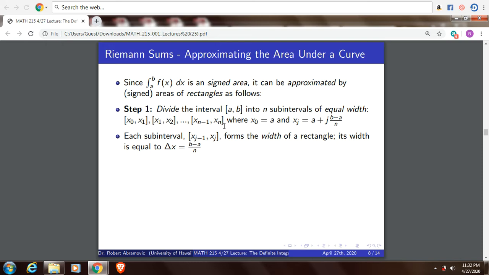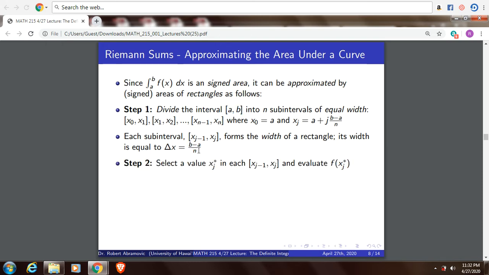Each subinterval forms the width of a rectangle. Its width is delta x, which is b minus a over n. Remember, these have equal width. The interval from a to b has length b minus a, and we divide it into n subintervals, so they have length b minus a divided by n.